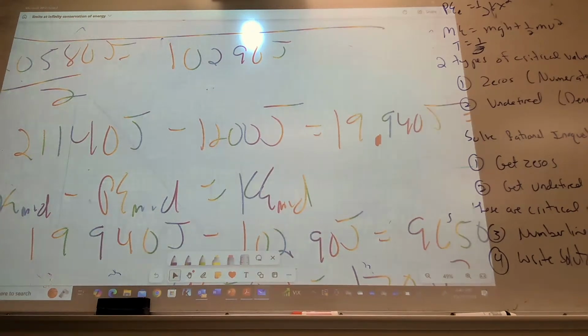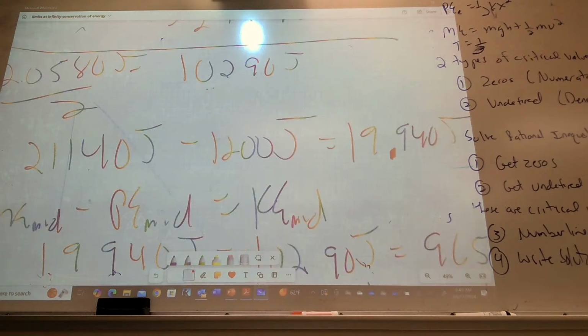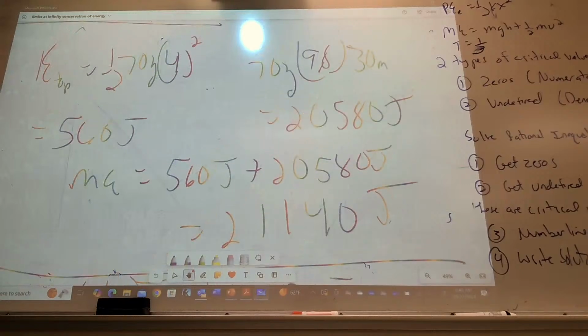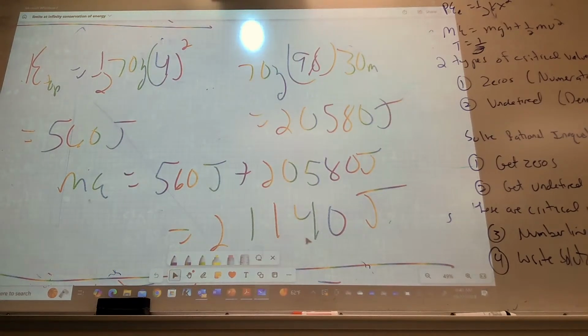Okay, so we had 21,140 as the initial mechanical energy. Yeah, I tried to enter the 1, and I just put a 0.